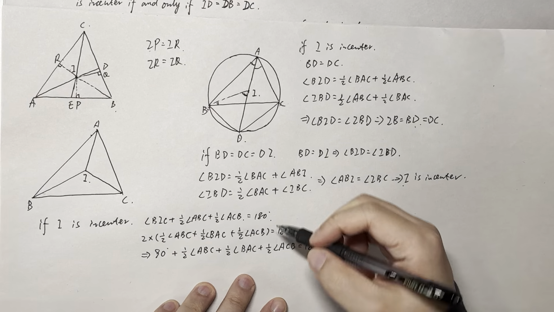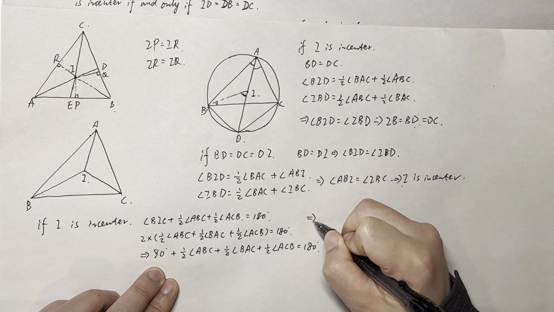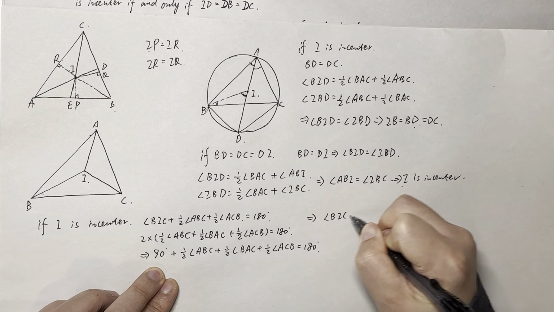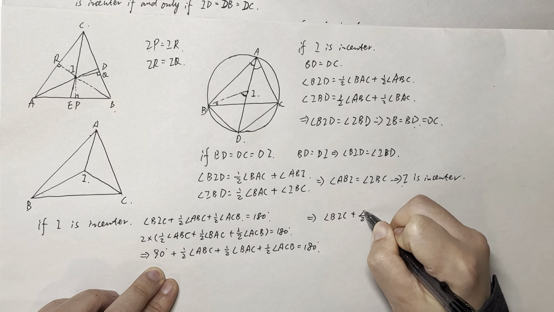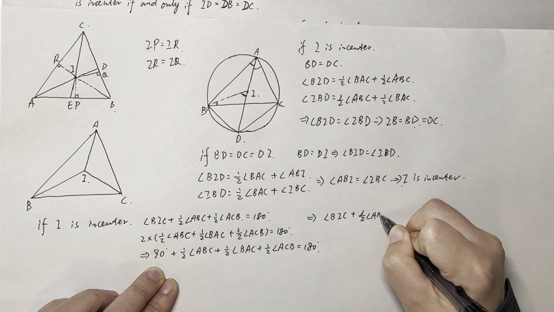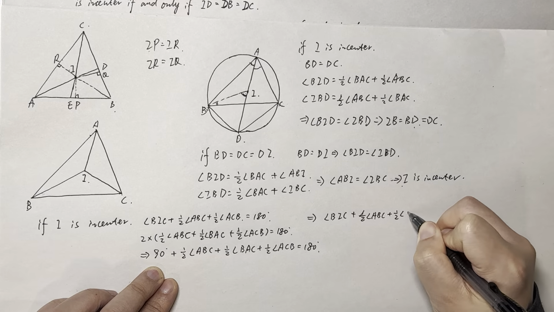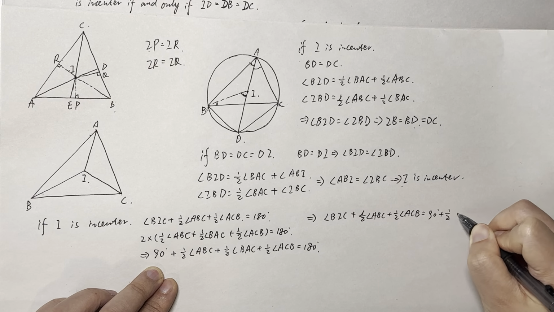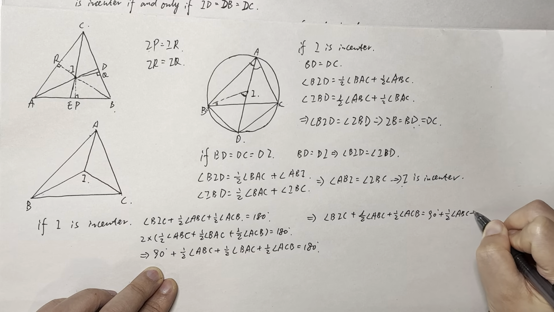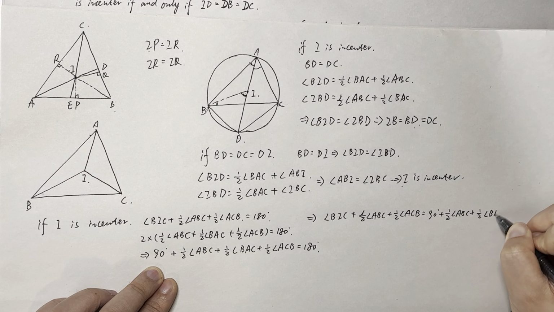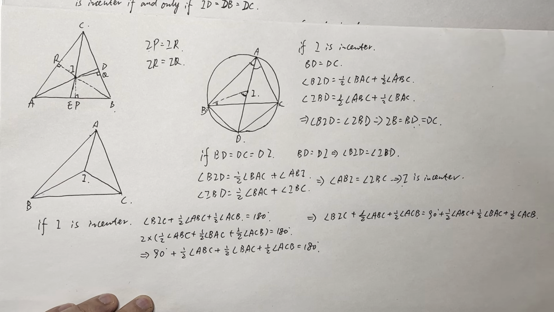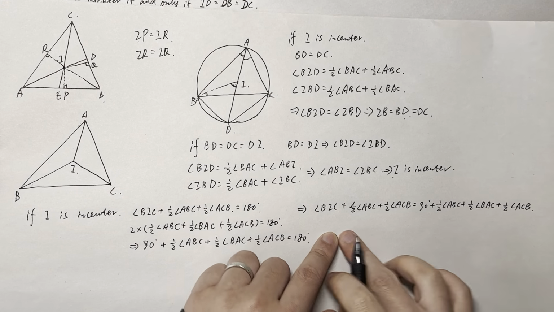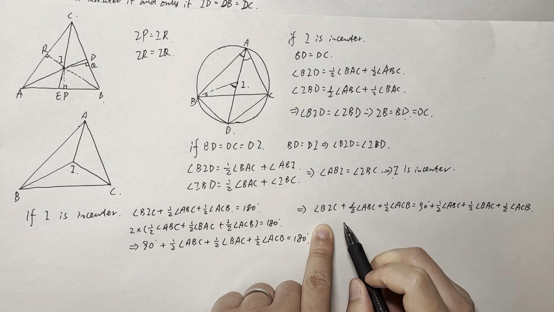So angle BIC plus half of angle ABC plus half of angle ACB equals 90 degrees plus half of angle ABC plus half of angle BAC plus half of angle ACB. Right, that is straightforward.